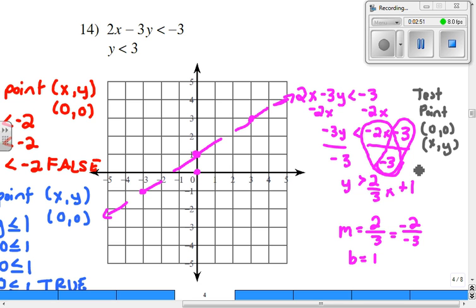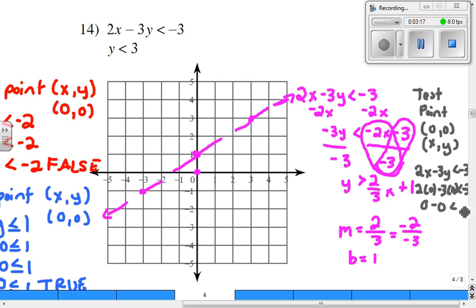I always go back to my original. So I have 2x minus 3y is less than negative 3. Okay, 2 times 0 minus 3 times 0 is less than negative 3. Well, 2 times 0 is 0. 3 times 0 is 0.